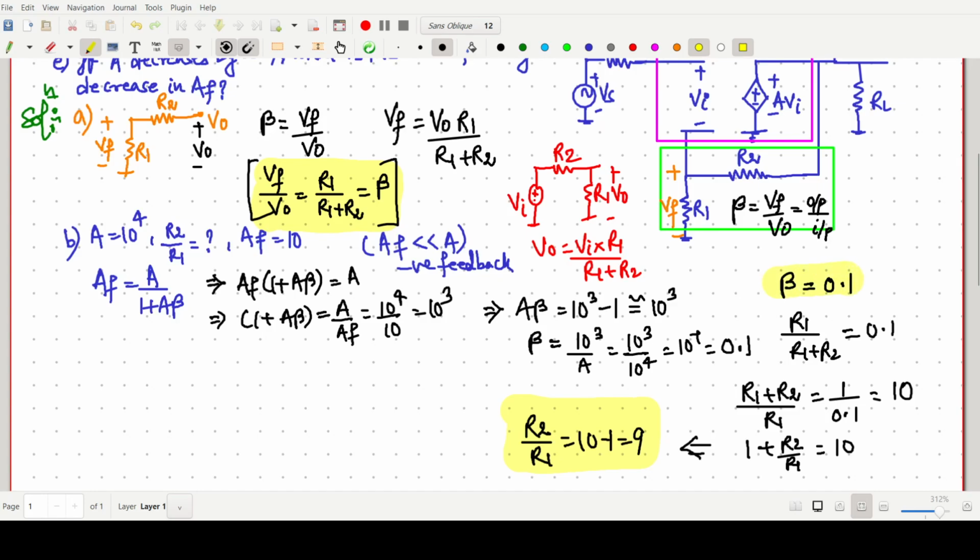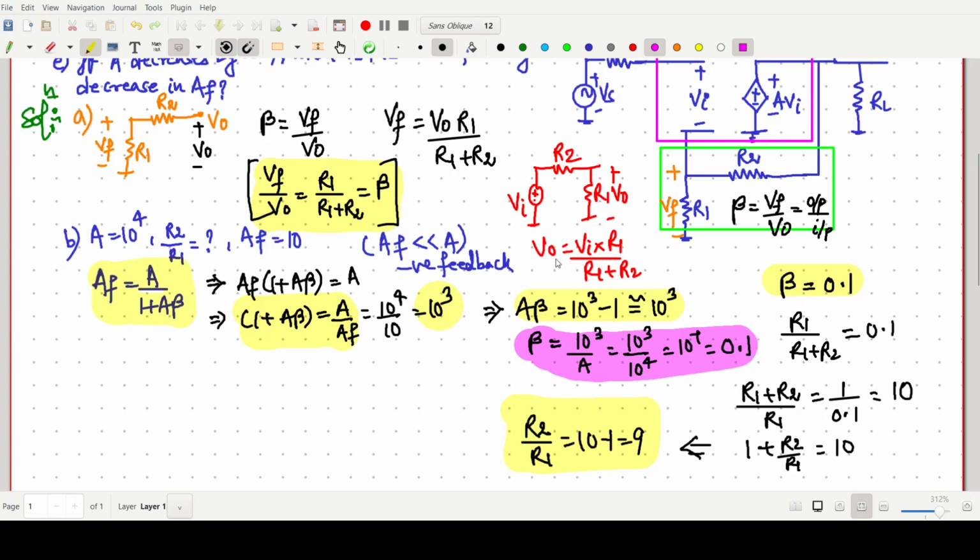Because we have to find this first, we have to write this main equation: 1 plus A beta equals A by AF. It is 10 to the power 4 by 10, and A beta is 10 to the power 3 minus 1, so it is nearly 10 to the power 3. Next, the beta value we have calculated is 10 to the power 3 by 10 to the power 4, which is 0.1.